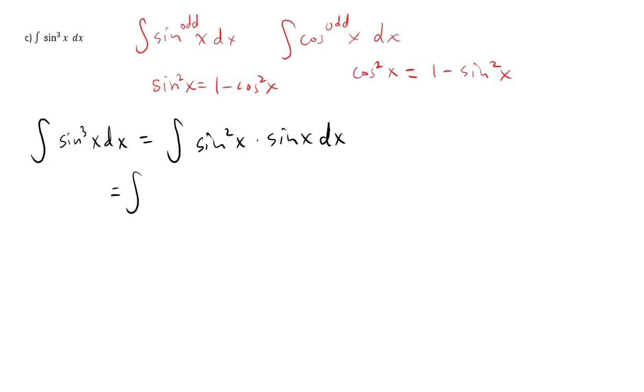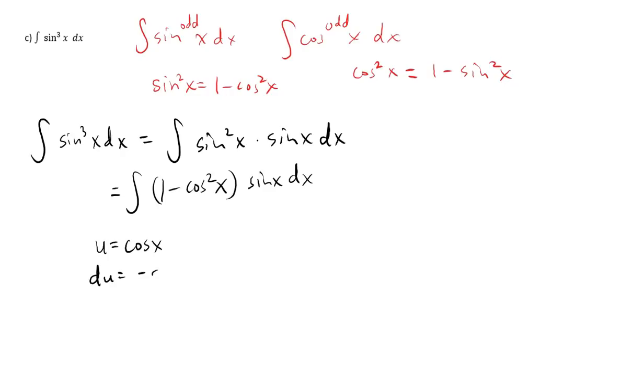Then what you do is you rewrite sine squared of x using this formula, as I said. Which naturally suggests that u should equal cosine x, because if you differentiate cosine you get negative sine, so this is going to disappear. That's going to be like the artifact of the chain rule.